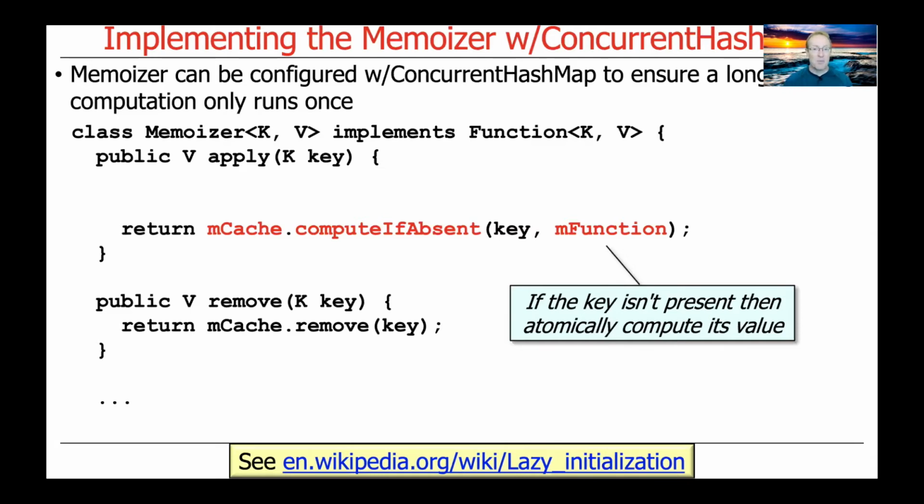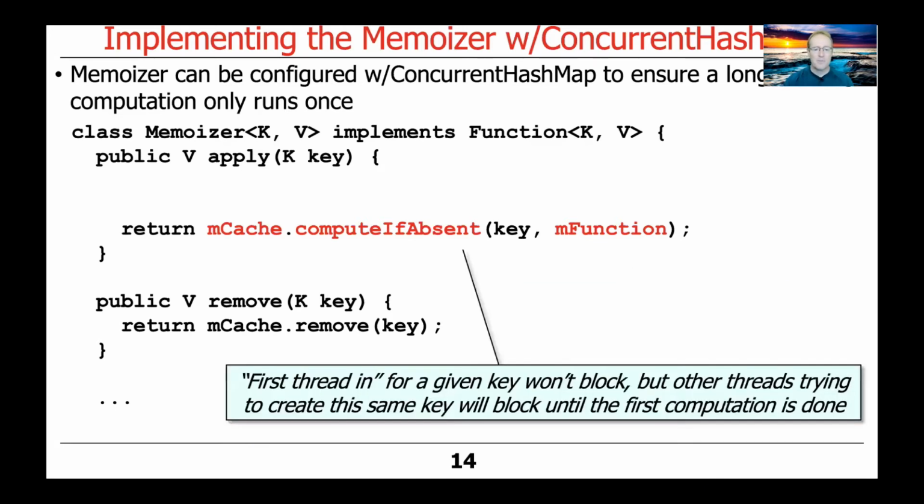And this is a good example of the lazy initialization pattern, or the first-time-in style pattern that you see a lot in concurrent and non-concurrent code. What that means is the first thread that comes through will do the computation. It'll go ahead and do the computation and then update the hash map with the corresponding value and then return it.